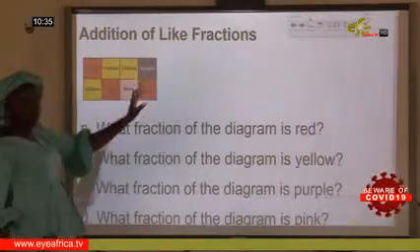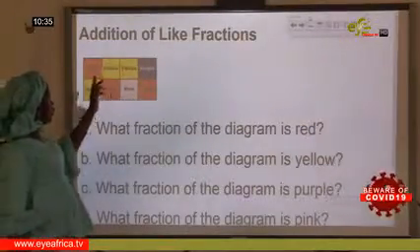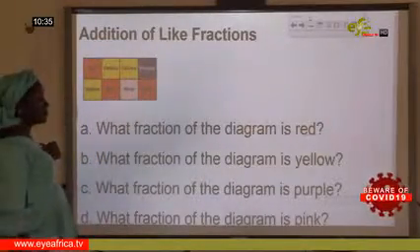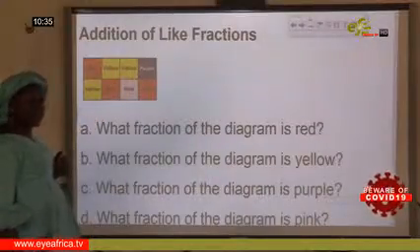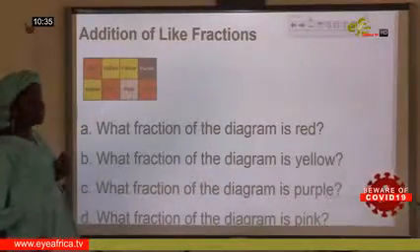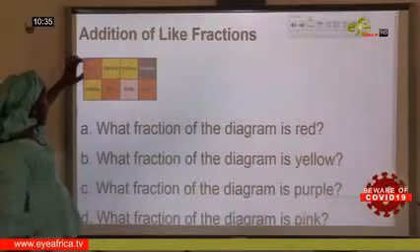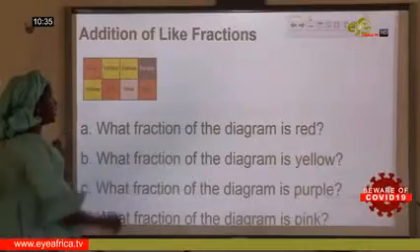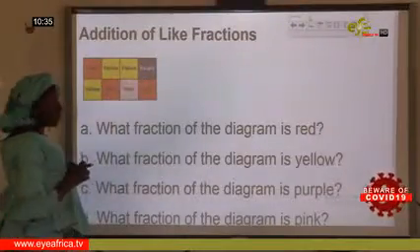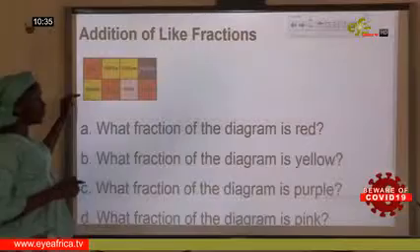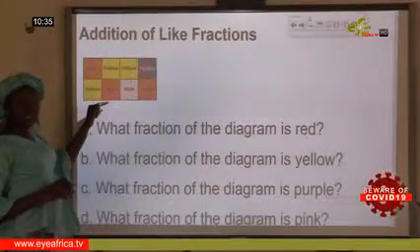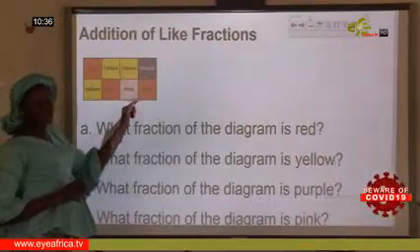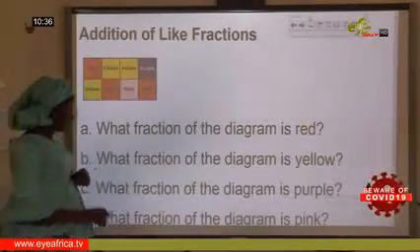It is a whole which is divided into 1, 2, 3, 4, 5, 6, 7, 8 equal parts. The first part is colored red, the second one yellow, the third one yellow, the fourth one is colored purple, the fifth one yellow, the sixth one red, the seventh one pink, and the last portion is red.